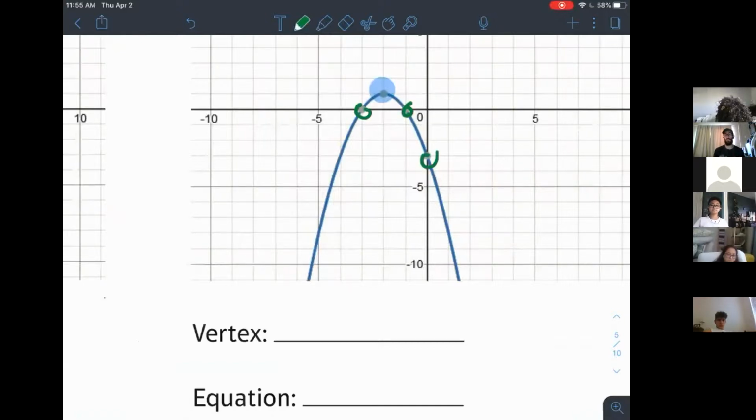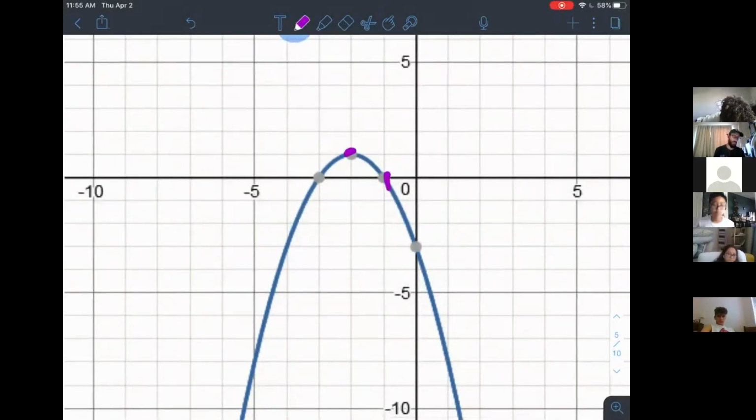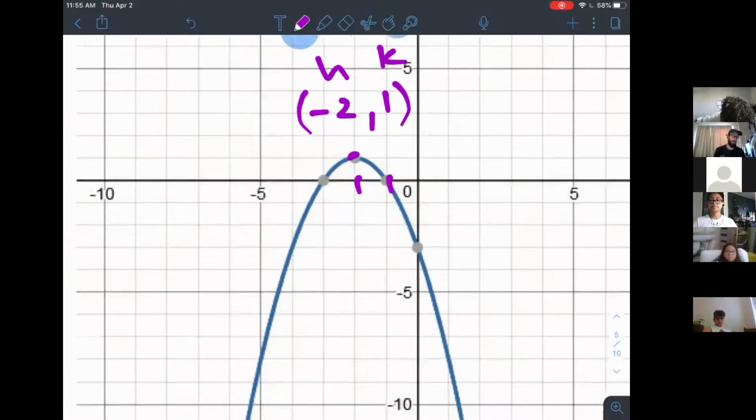Those are 4 different ways to describe it. Really all that we care about in this problem is the vertex and the equation. So we've narrowed it down to B, E, G, and H. What's the vertex? I'll give you this one. That looks to me to be 2 to the left, and 1 up. So I know my H is -2 and my K is 1.